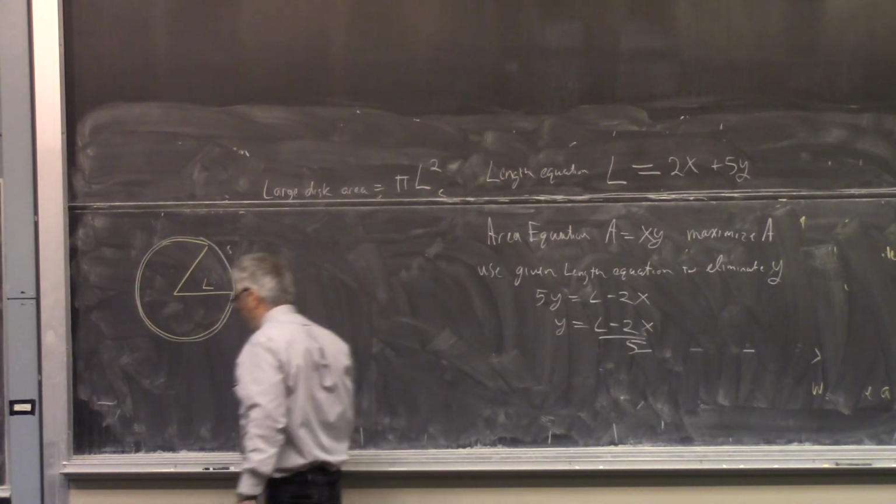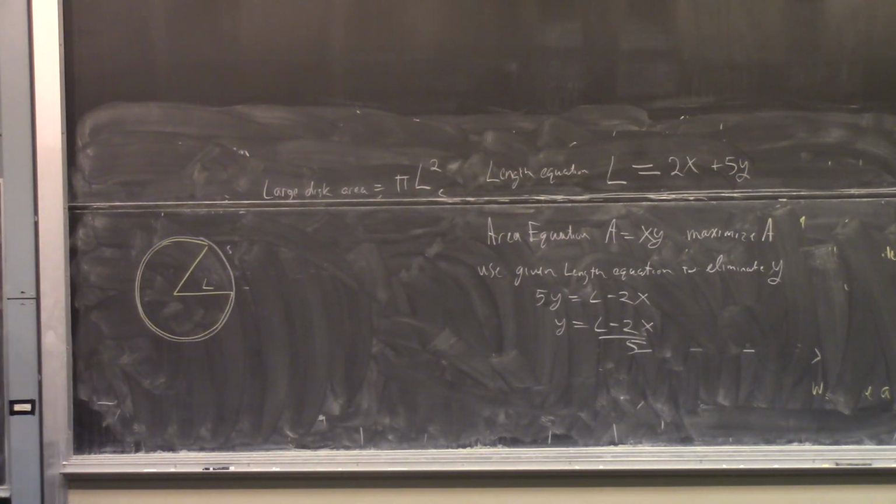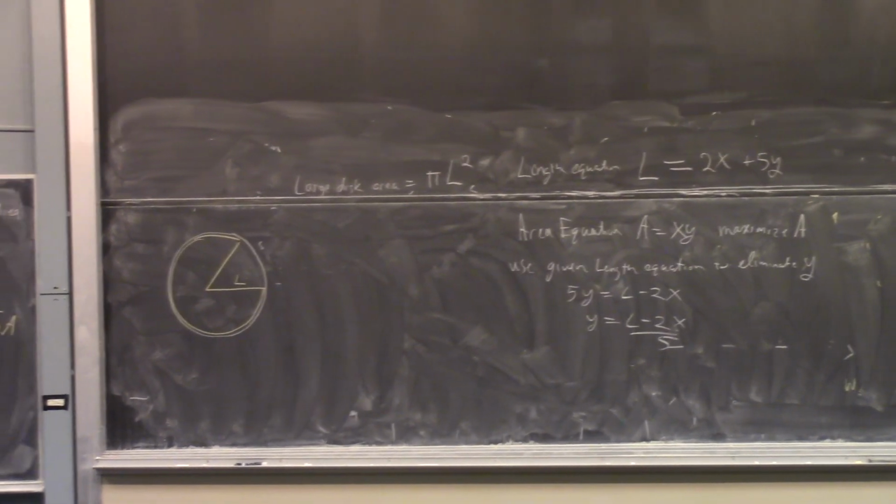Well, shoot, what's L? L is this length, the slant height, and you see that it's the square root of r squared plus h squared.